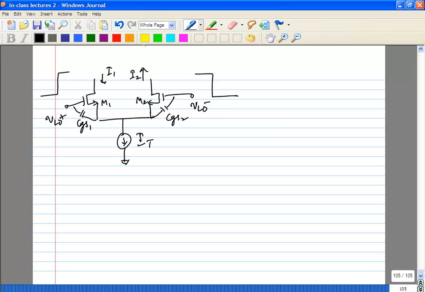M1 is turning on and M2 is turning off. What is CGS1? It is 2/3 WL Cox, because it's turned on. What is CGS2? You will have only the overlap capacitance.